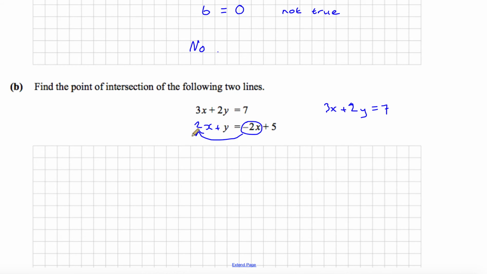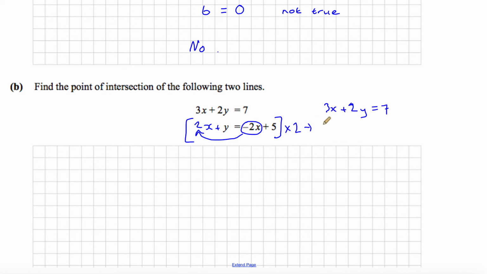And I'm going to multiply this second equation here. I'm going to double everything in this because I have 2y on top, and if I can double everything to make 2y appear here, I'll be able to eliminate them. So I'm going to times this whole equation by 2.